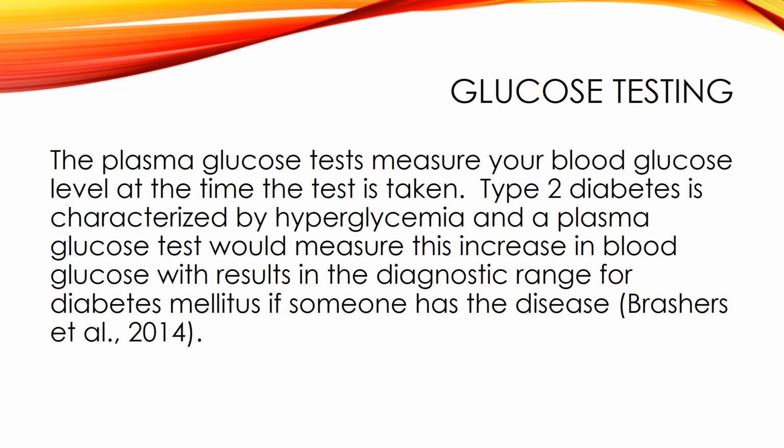Plasma glucose tests measure your blood glucose level at the time the test is taken. Type 2 diabetes is characterized by hyperglycemia, and a plasma glucose test would measure this increase in blood glucose with results in the diagnostic range for the disease.